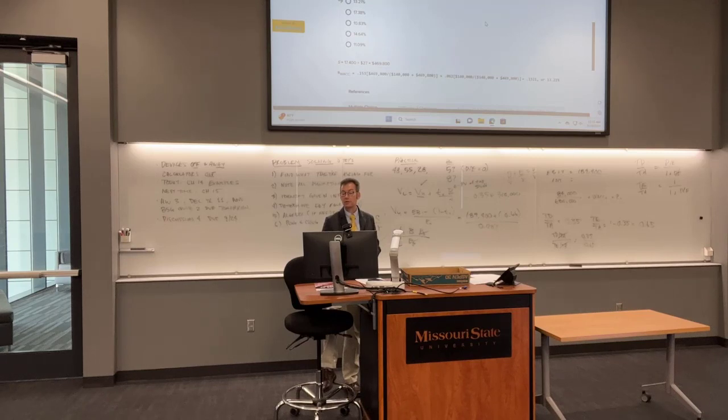The firm also has $140,000 of 6.2% bonds outstanding that are selling at par. What does par mean, selling at par? How much are they worth each? Yeah, 1,000. The firm does not expect to pay taxes for the foreseeable future. The cost of equity is 15.3%. What is the value of RWACC?